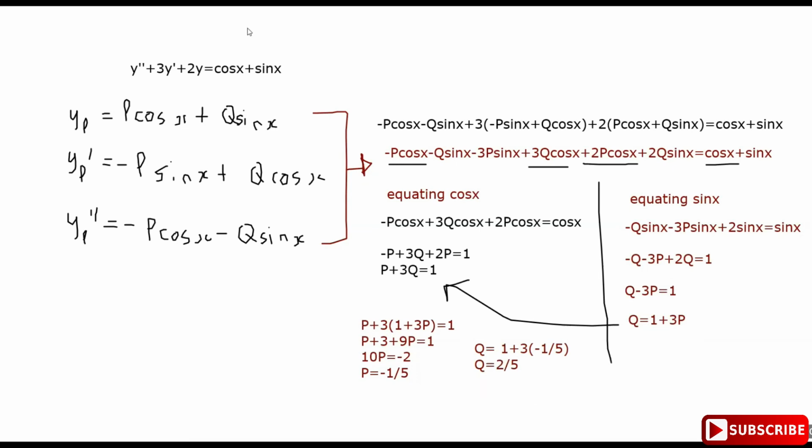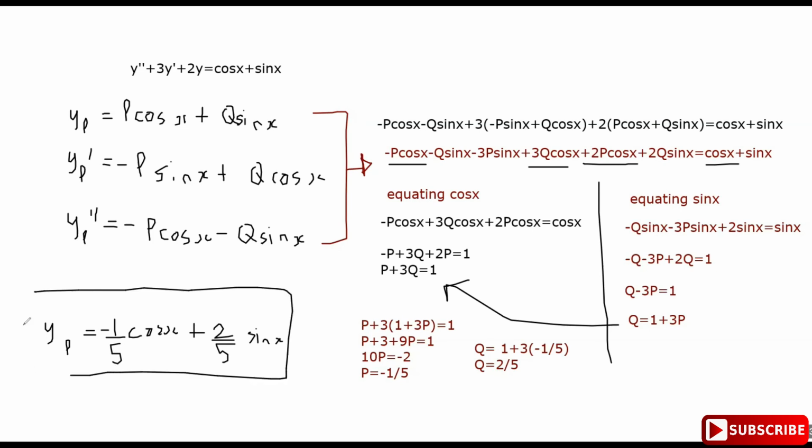So now that we have p and q, we can write our particular integral. Our particular integral yp is equal to p cos x plus q sine x, so it is minus 1 over 5 cos x plus 2 over 5 sine x. That is our particular integral. Nice and easy and soft.